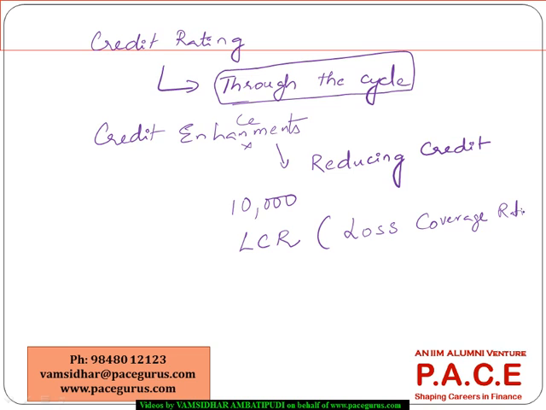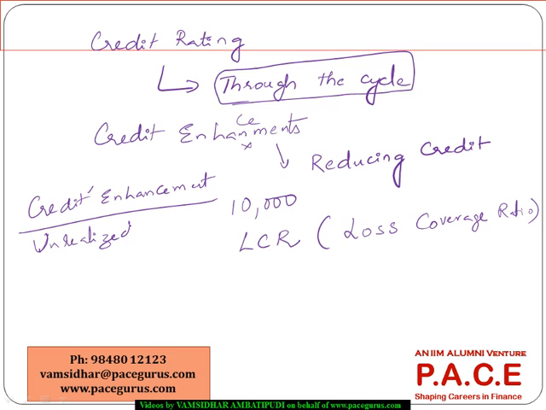So whatever credit enhancement is present currently, divided by the unrealized loss estimate, meaning what loss can very much occur, what is the quantum of loss that can occur over the next period, and what is the worth of the credit enhancement that is currently available.